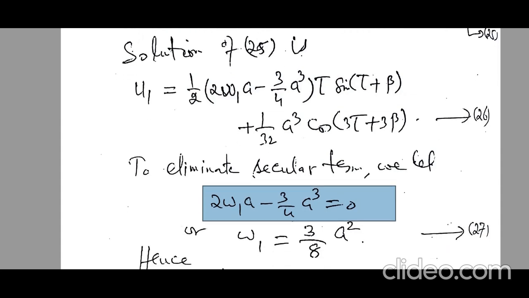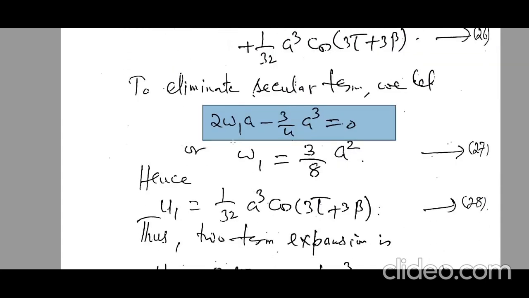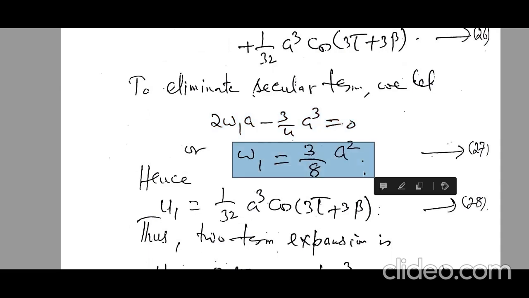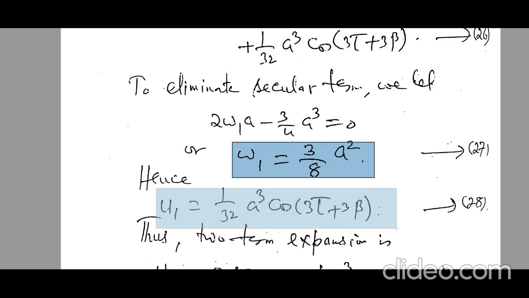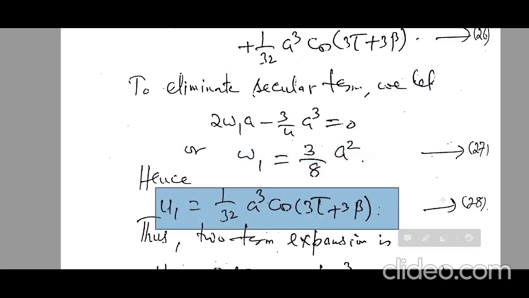When you take this as 0, now finding the value of omega 1, it will come out to be 3 by 8 a square. Therefore u1 after putting the value of omega 1 is given by equation number 28. And now you can see that the secular term which was appearing in u1 is eliminated.